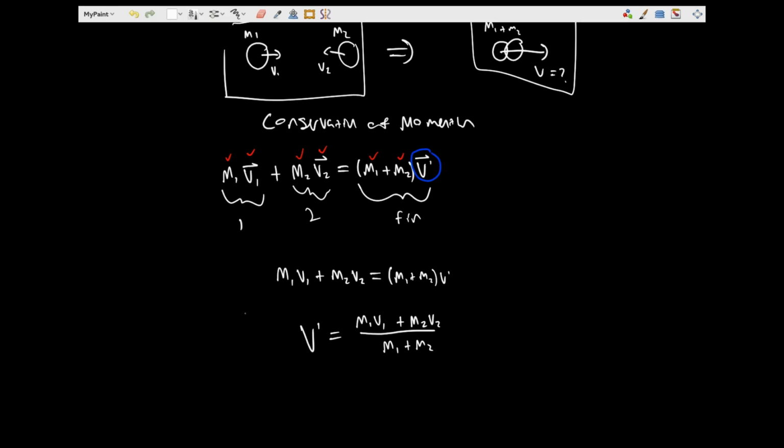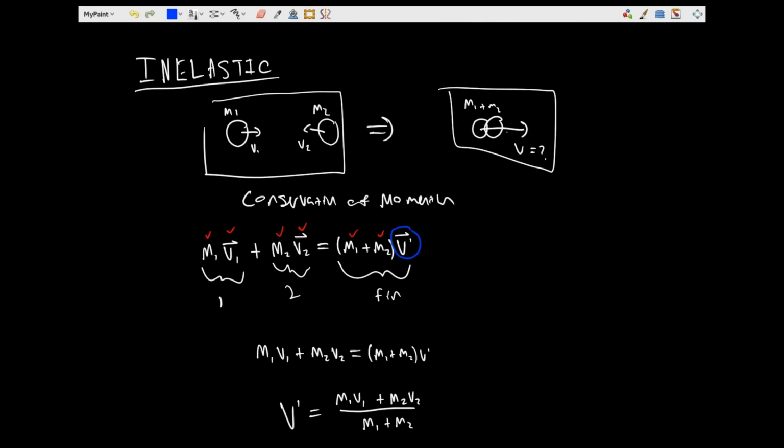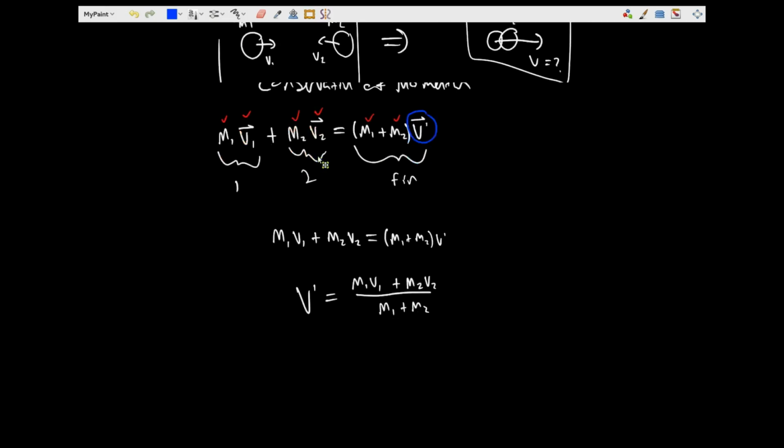And that's all it is. So this velocity is going to be for both of these masses after the collision has occurred.